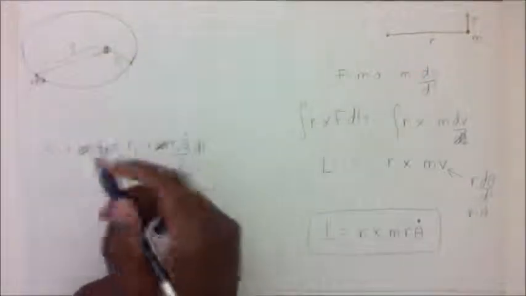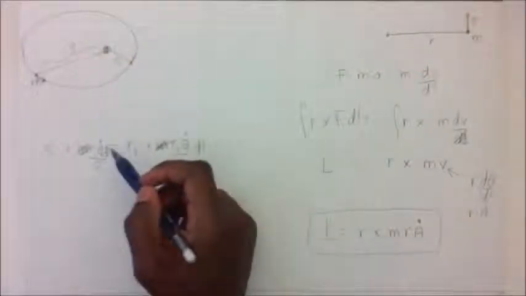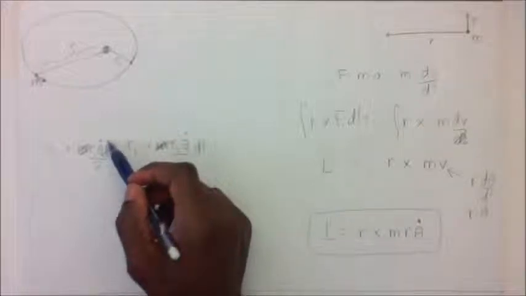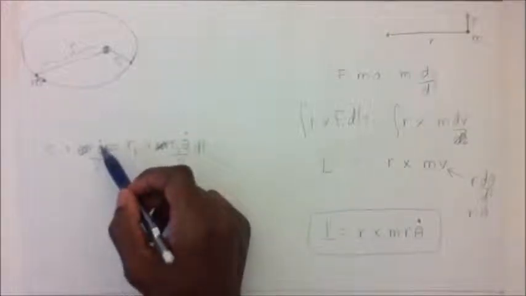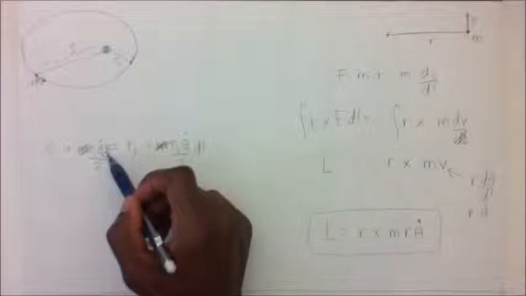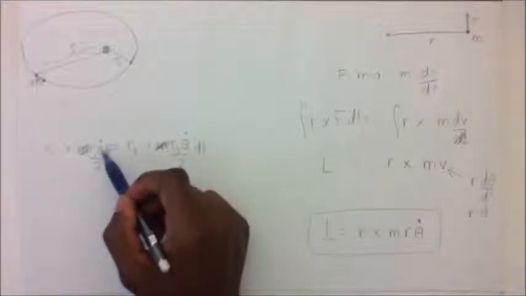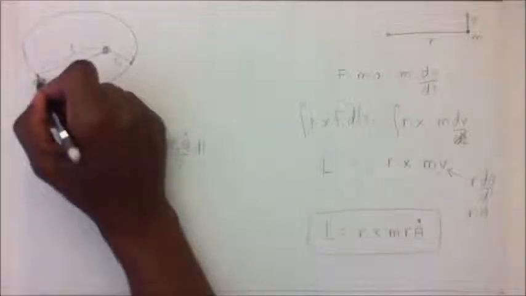Now, why did I say we calculated the area of a triangle? The rate of change of angle times the change in time is a change in angular displacement, times the radius, and that's the length of this base.